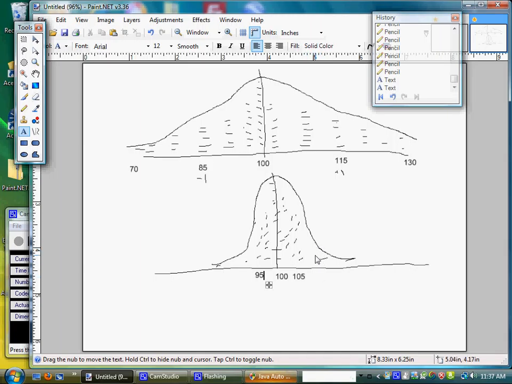So to figure that out, remember here we said we have a mean of 100 and a standard deviation of 15. Here we have a mean of 100 and a standard deviation of 5. The formula to figure out how far away this given person at 110 is from the mean, and how far away this person is from the mean, we want to always do it in standard deviations.